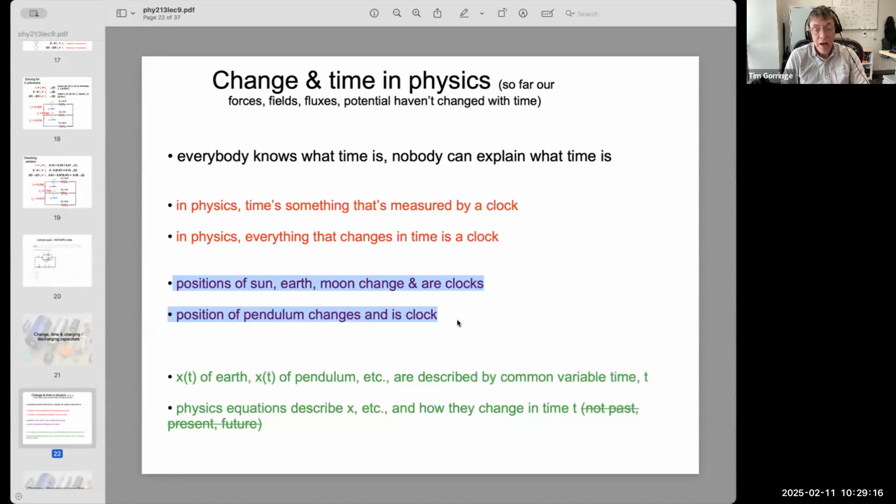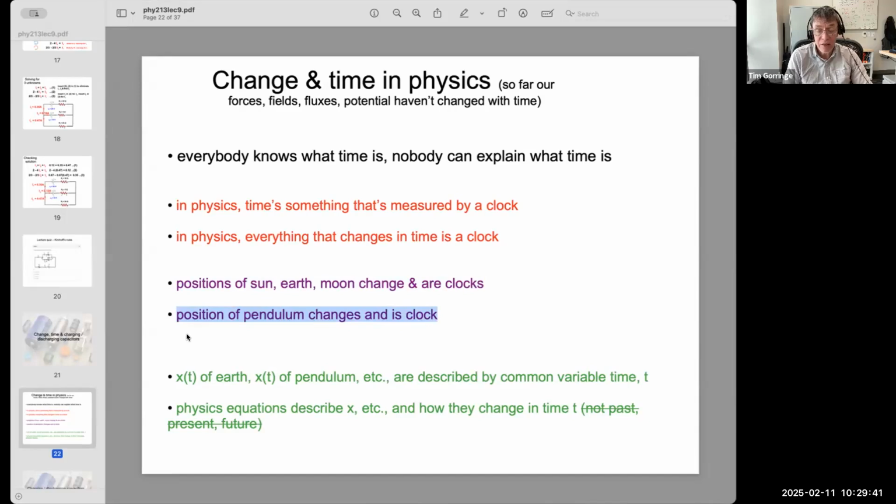Later on, the position of a pendulum as it swings to and fro, or the position of a mass on a spring, started to be used as a clock because they swing backwards and forwards in a way that's periodic. So those are examples of clocks too.